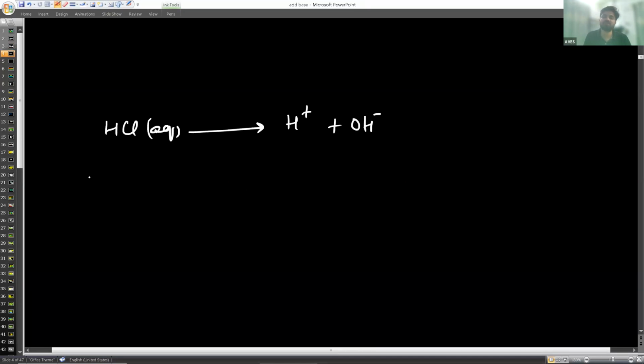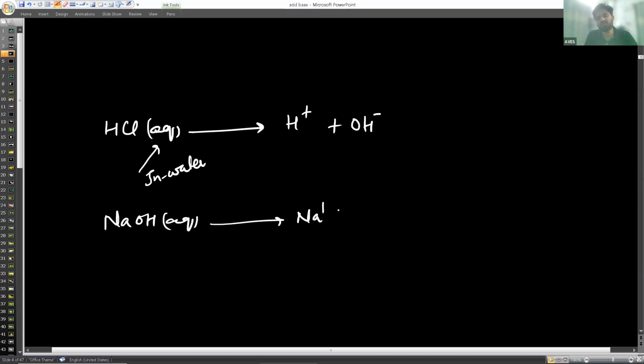If any substance is added to water and dissociates H plus ions, we consider it an acid. Now, for bases, for example NaOH in aqueous, it gives Na positive plus OH negative ion.